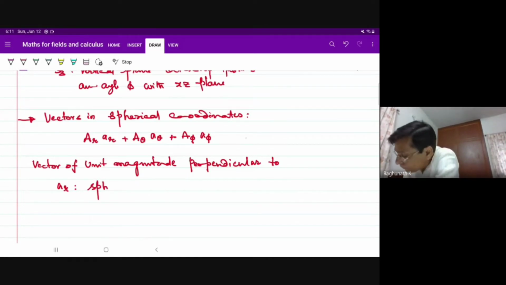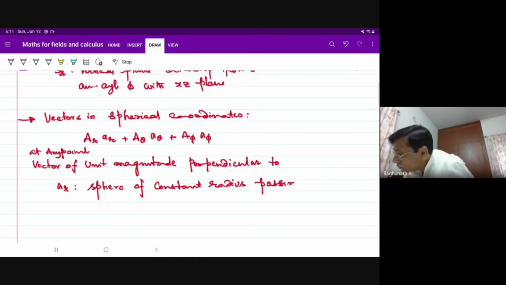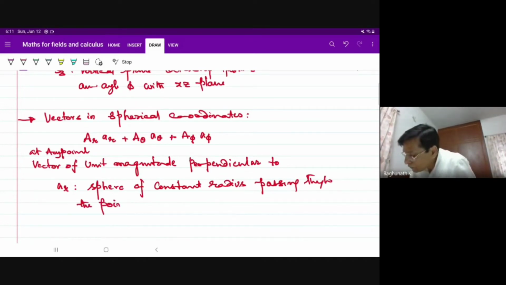The sphere of constant radius at any point, sphere of constant radius passing through the point in the direction of increasing r.